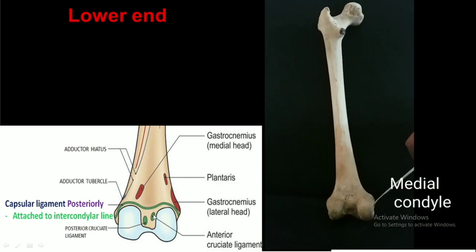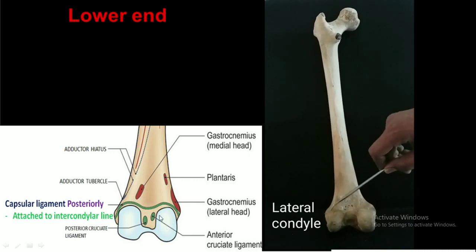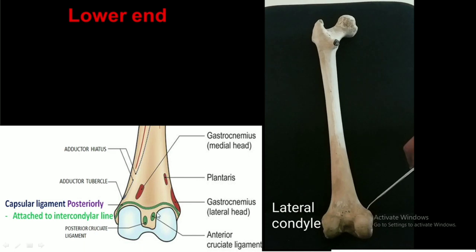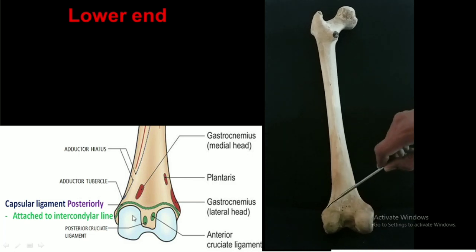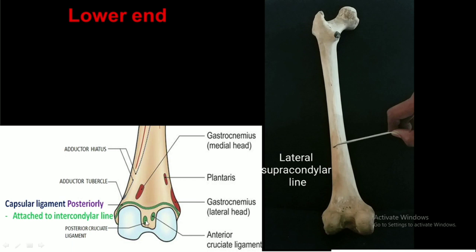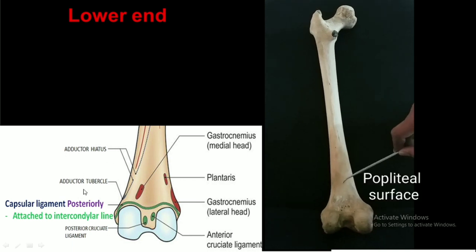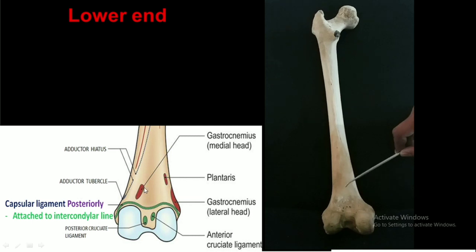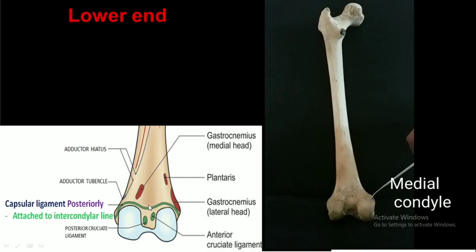One is the anterior cruciate ligament that is attached to the posterior part of the lateral condyle, and the other, on the anterior aspect of the medial condyle, is the posterior cruciate ligament. These are all the attachments over the lower end of the femur from the posterior aspect.